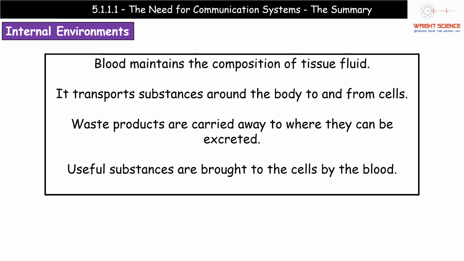So basically that removal of the waste products means they can be transported to whatever region of the body they will be excreted by, and any of the useful substances that are entering the body in a particular location can be brought to the cells. So the blood is almost like that little transport system that's going to be bringing everything to the right places at the right times.